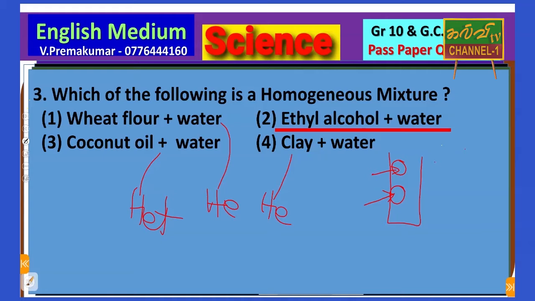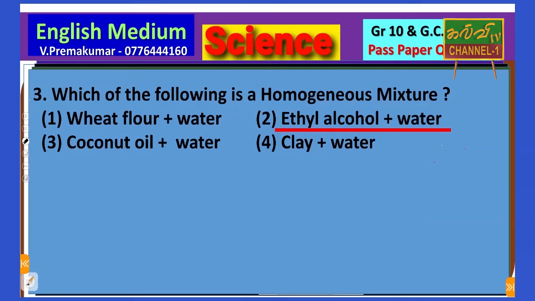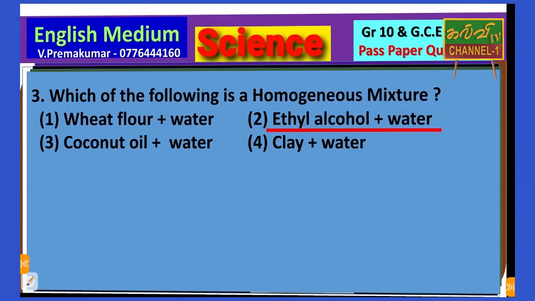Alcohol is a very good substance to mix with water because they have a hydrogen bond, a special bond. We will study that later. Now students can understand the answers on homogeneous and heterogeneous mixtures. This knowledge is important. Next one.